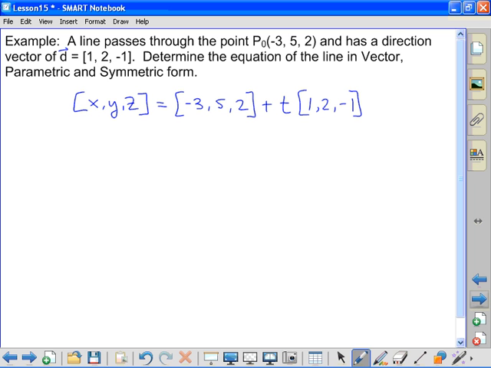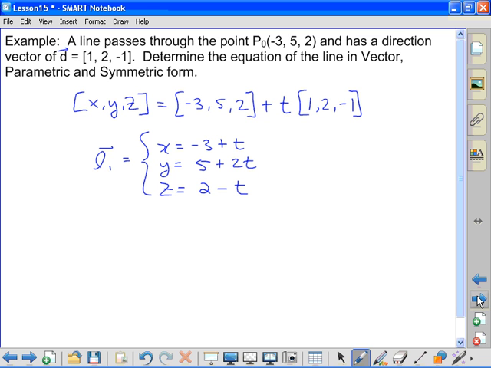So it's almost like going back to scratch again. So if it feels like we're getting later in the unit, and it's getting easier, well, we're really just rehashing or going over previously known information. So it should be getting easier, assuming you've done all the homework and kept up with the notes. So now taking the x values, x is equal to -3 plus t, y is equal to 5 plus 2t, and z is equal to 2 minus t.